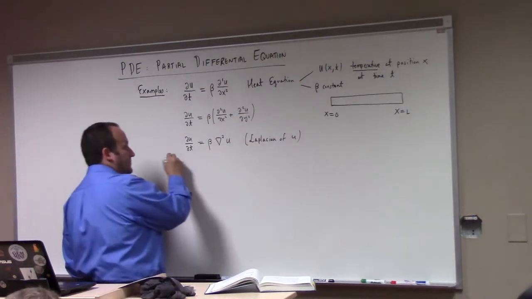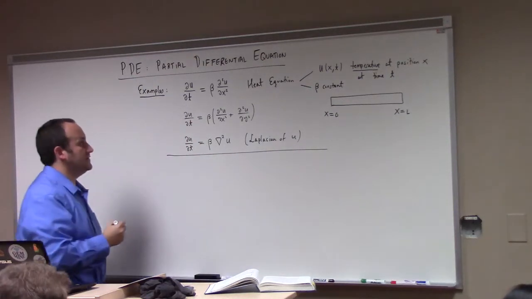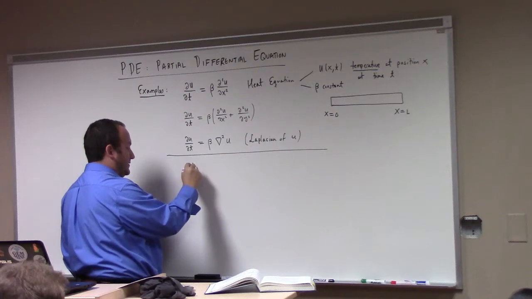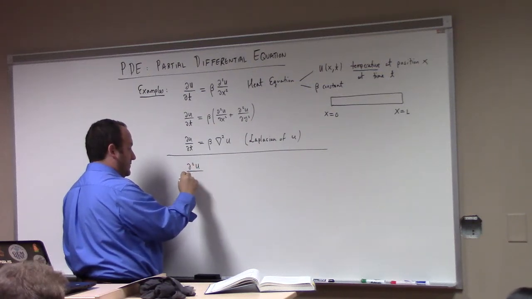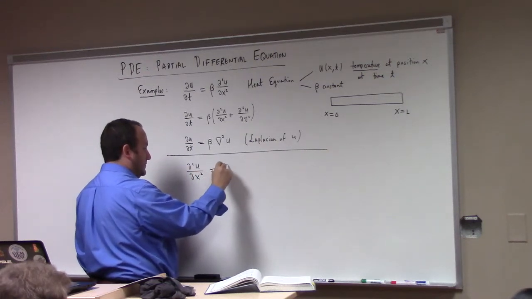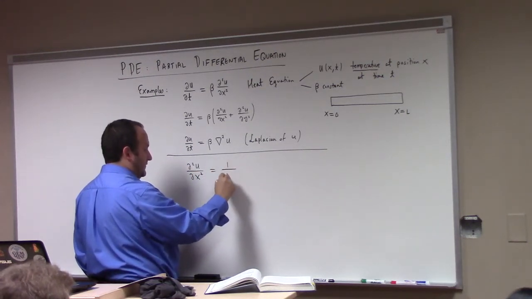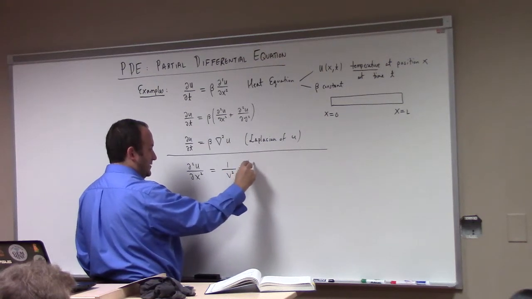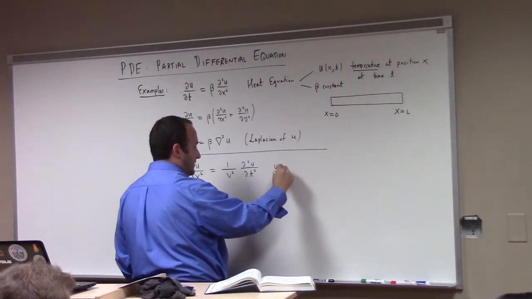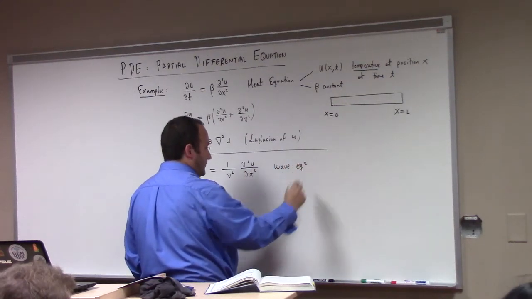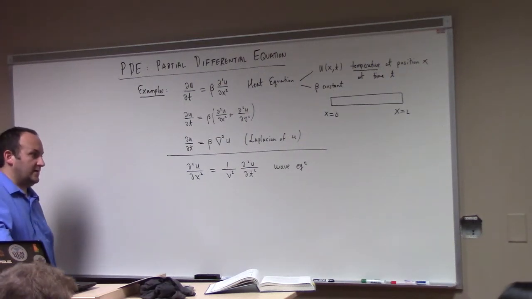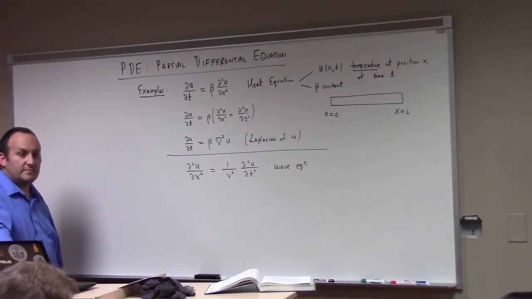The other kind of problem that we study in this chapter is a wave equation, which looks something like this: partial squared u, partial x squared equals 1 over v squared, partial squared u, partial t squared. This is the so-called wave equation, because the solutions to this partial differential equation model waves on a string, all right?